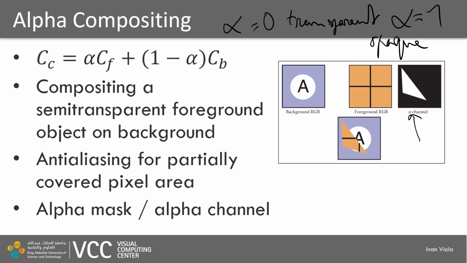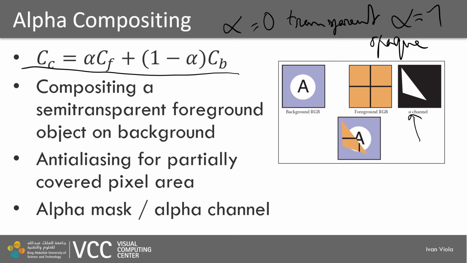And we can therefore have various mixtures of foreground and background color, where the foreground will be partially transparent and partially opaque, and this could also vary across the image for each pixel. So this formula, which you can recognize here, the linear interpolation, is the alpha compositing.